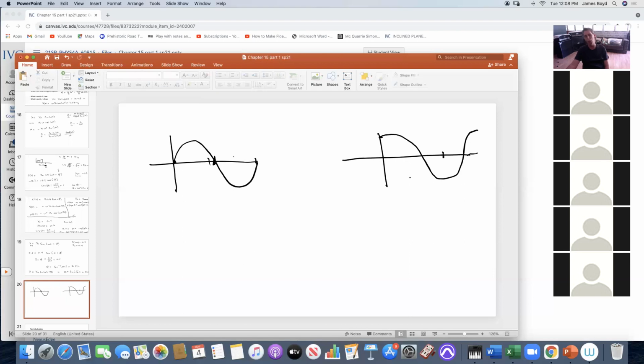Really, if I continue this up, you can see that this is a cosine. What it really is, is that sine is just a cosine offset by 90 degrees, or cosine is a sine offset by 90 degrees, whichever way you want to see it. They're exactly the same function, they just have a slightly different phase to them.